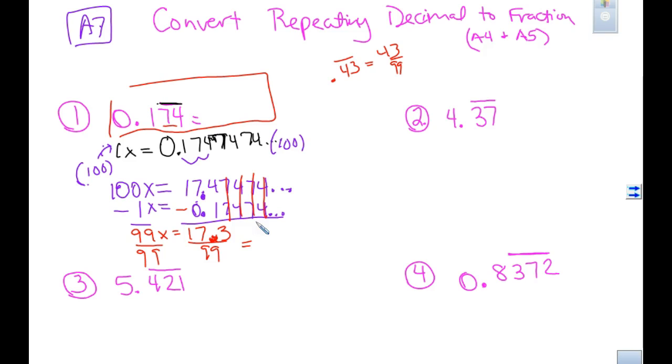What? You times it by 100. I am. Not by 100. I can go less than that. I could go 100, but then it gets bigger. I'm going to multiply. How many places do I want to move it? 1 place only, so I'm going to multiply it by 10. Right? So my answer is going to be 173, no more decimal up there, over 990. I do not care if you simplify, you can leave it like this. Right? You're done.